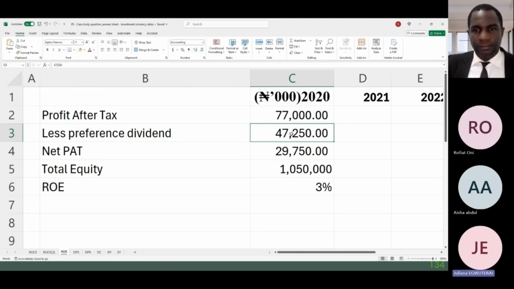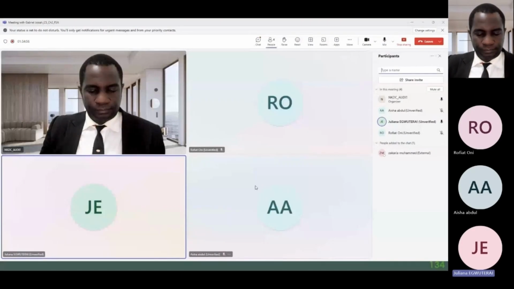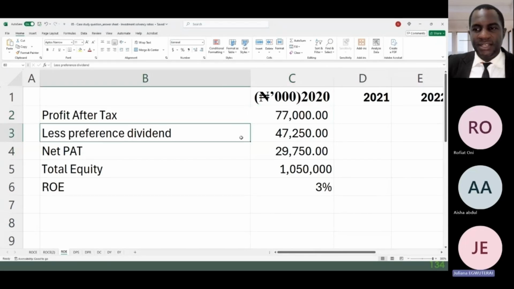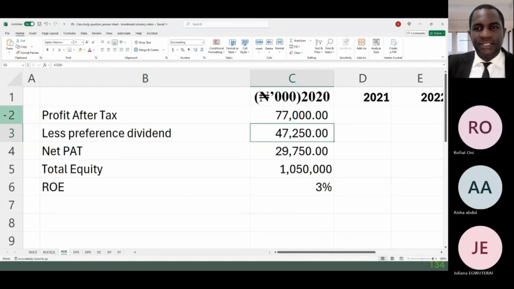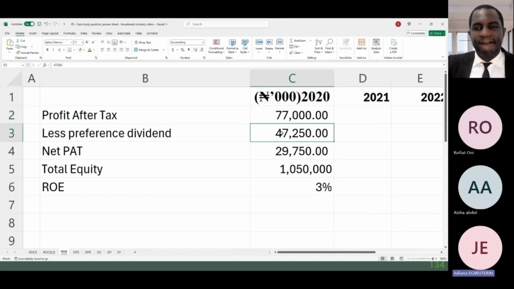What I have in front of me is only 7,000. So you have 77,000. You can see less preference. Profit after tax, 77 million. Then did you see less preference dividend? Can you see less preference dividend? No, I can see only 7,000. I can see 2021, 2022. That's what I can see.